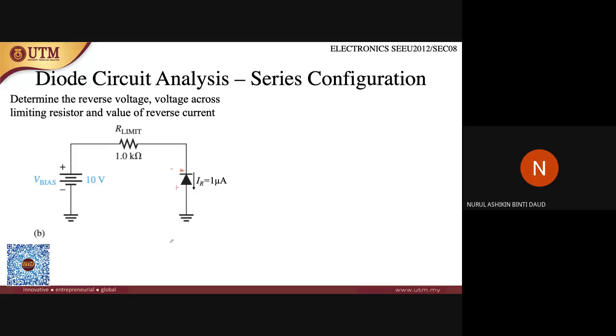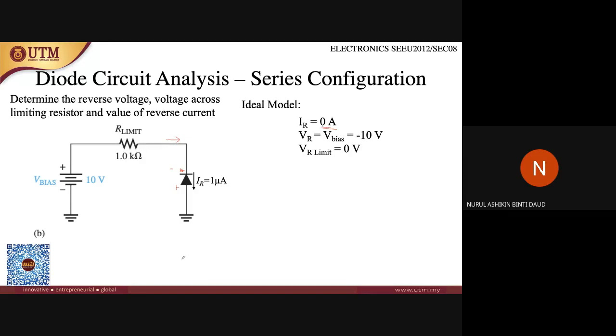So in this case, in the ideal model, the I that flows inside here is 0. So when IR is 0, no current is flowing inside this circuit, it means that VR here is equal to V bias, which is minus 10 volts.